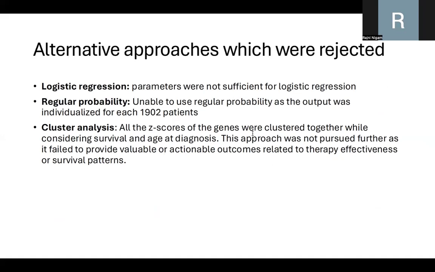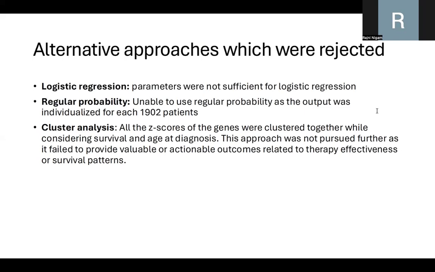There were alternative approaches that I considered while designing this project that ultimately were rejected based on the data that I was working with. I couldn't utilize regular probability as the output was individualized for each of the 1900 patients, which would not have been helpful for making a rational conclusion.